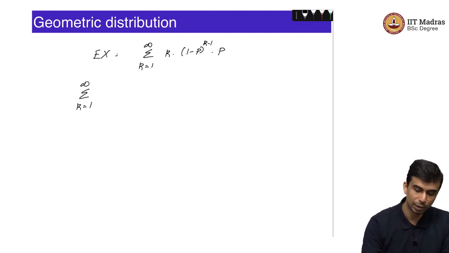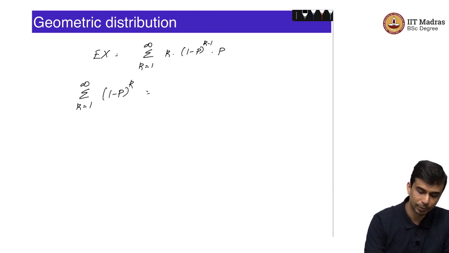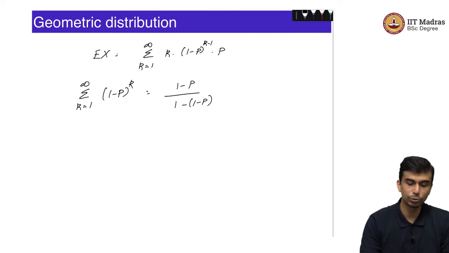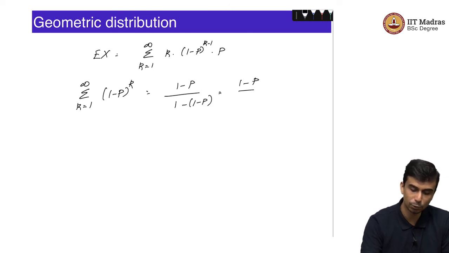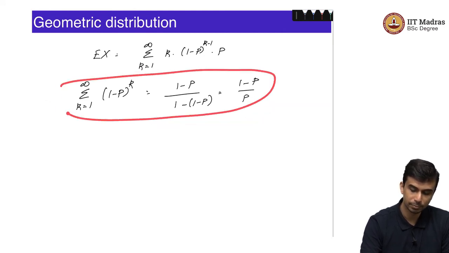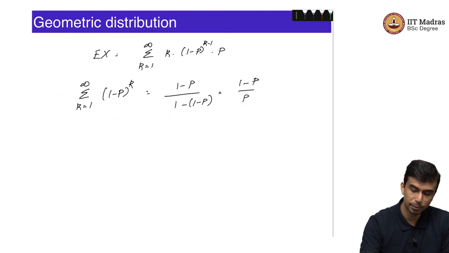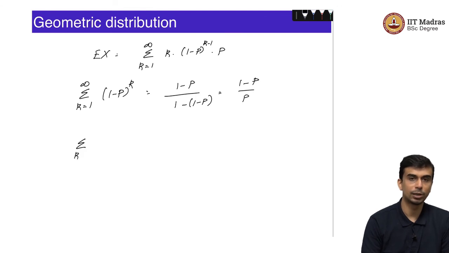The standard trick is to use differentiation of a series. Let us say you have the sum over k equal to 1 to infinity of (1 minus p) power k. What is that? Well, by the geometric series, it is exactly equal to (1 minus p) by (1 minus (1 minus p)), which is equal to (1 minus p) by p. This is a fact of geometric series.